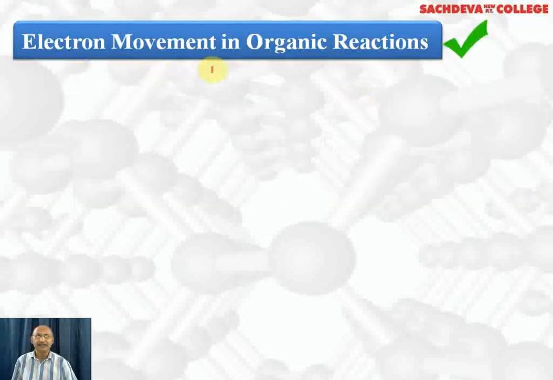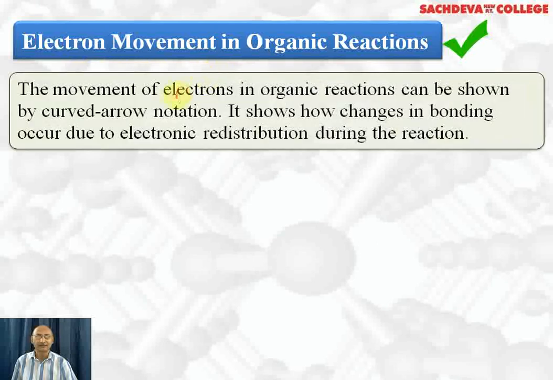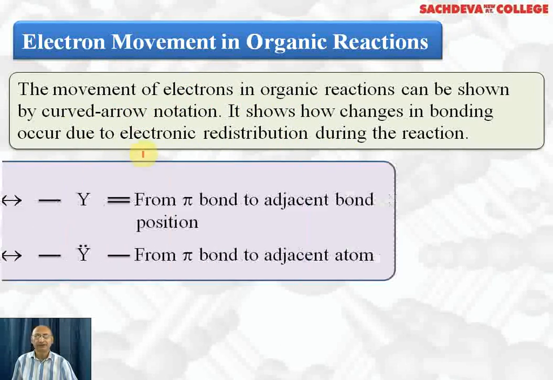Next, we are taking electron movement in organic compounds. The movement of electrons in organic reactions can be shown by curved arrowhead notation. It shows how changes in bonding occur due to electronic redistribution during the reaction.